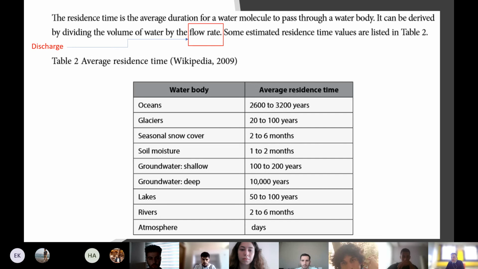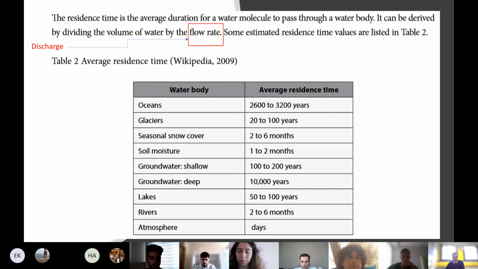For seasonal snow cover, 2 to 6 months. Soil moisture, 1 to 2 months. Then shallow groundwater, deep groundwater, lakes, rivers, and atmosphere, several days. For rivers, the average residence time is 2 to 6 months.